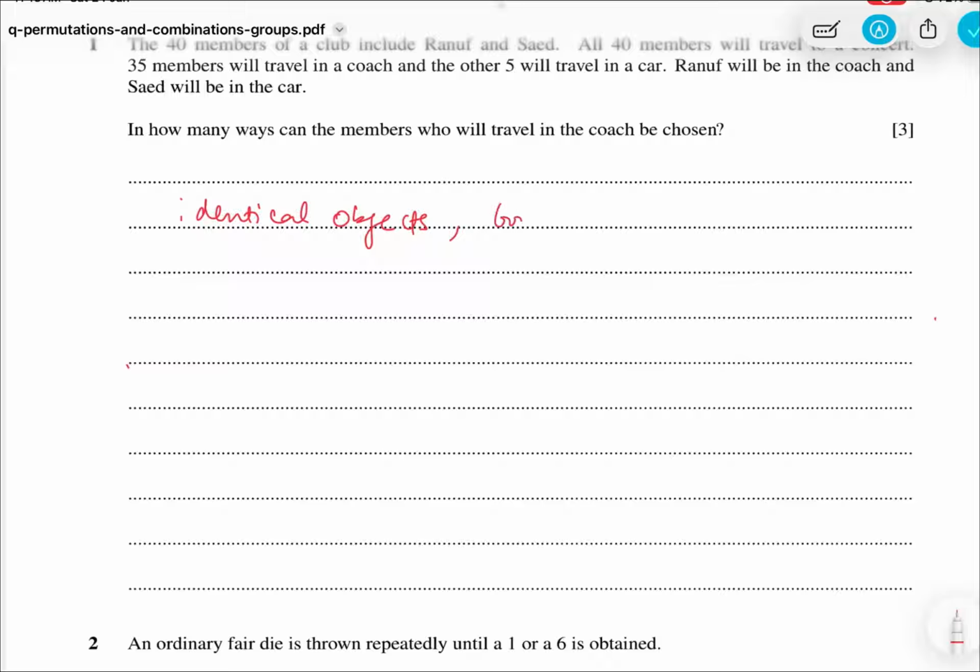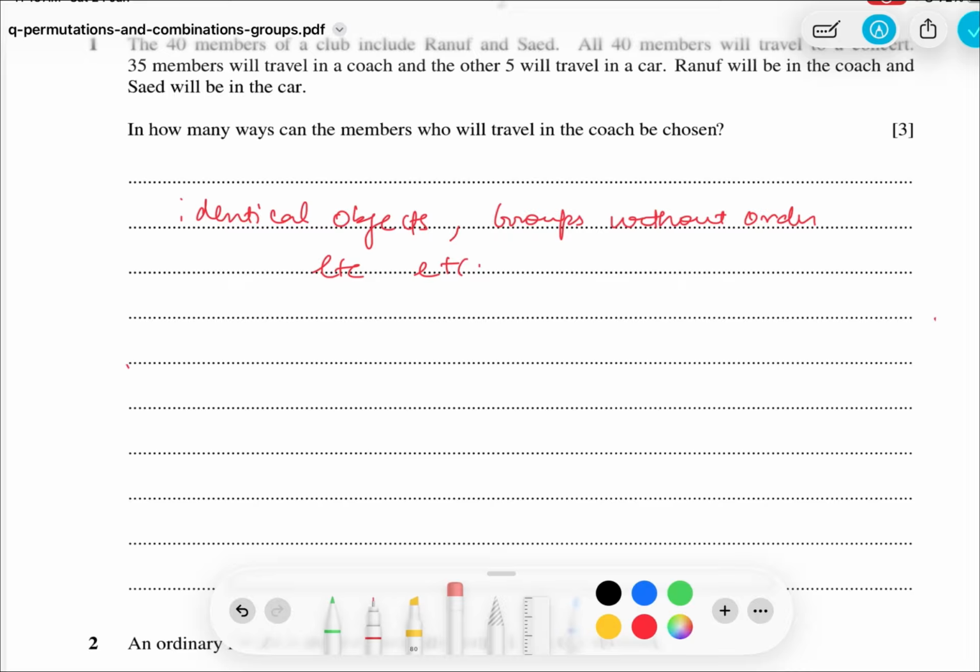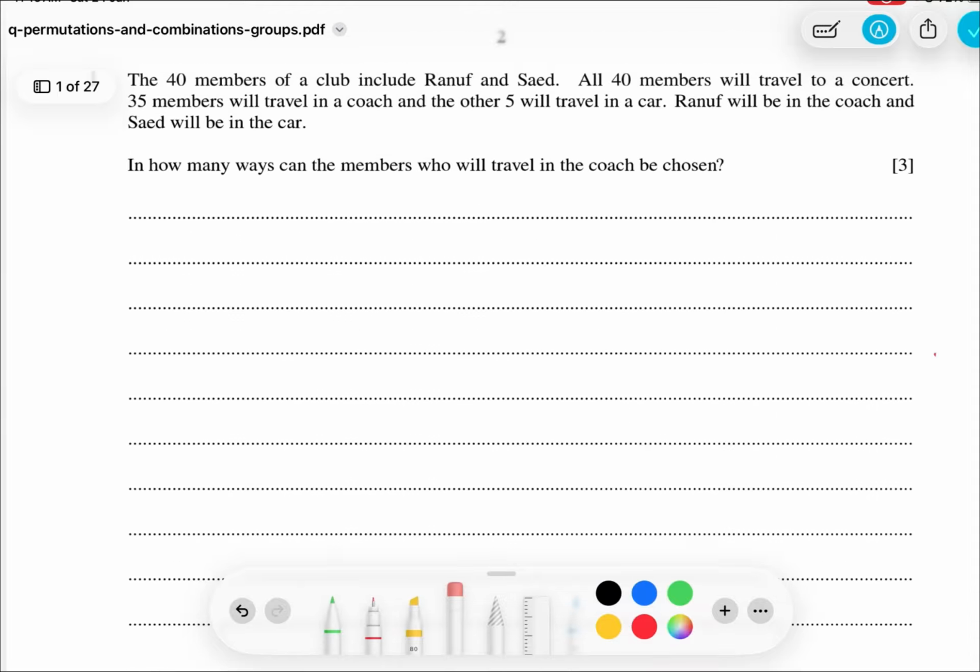Groups without order, etc. How can we avoid various other mistakes and master permutation and combination so that we can score full marks? This class is all about that.